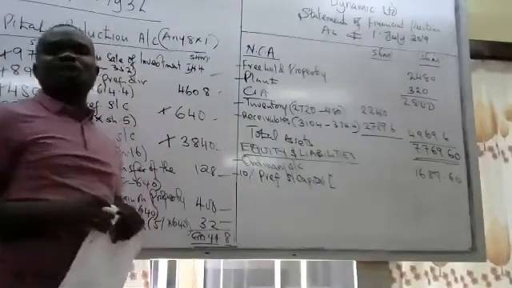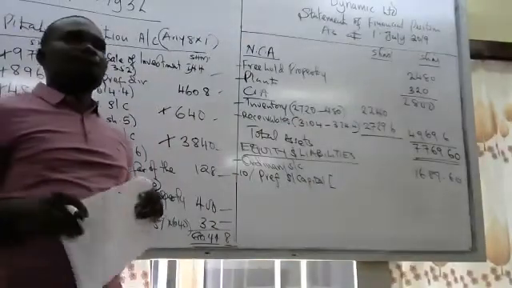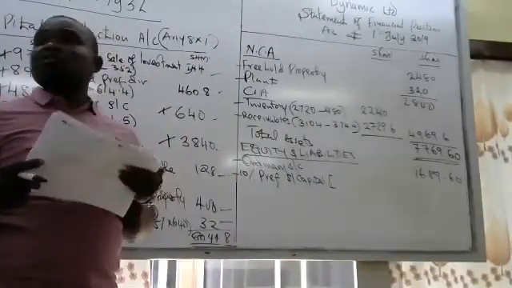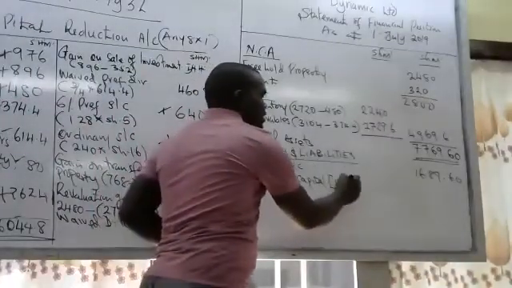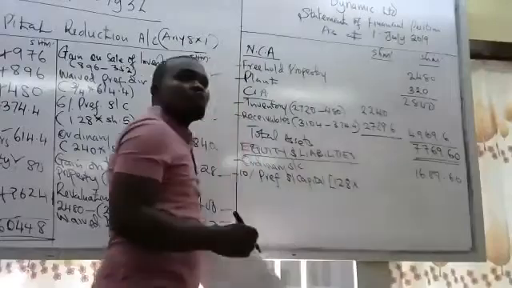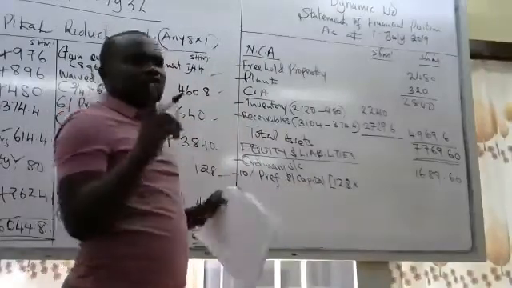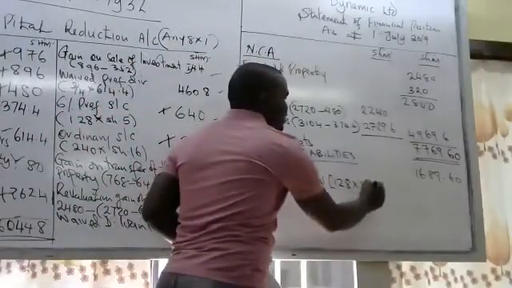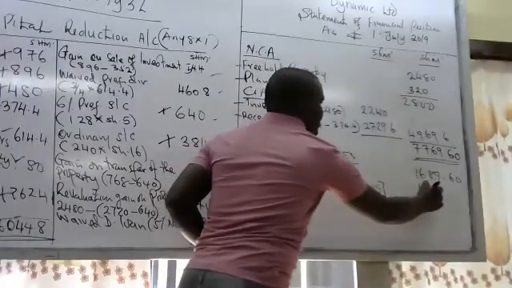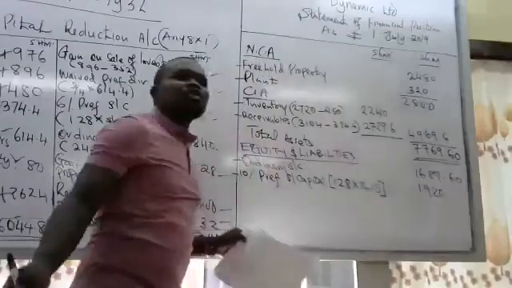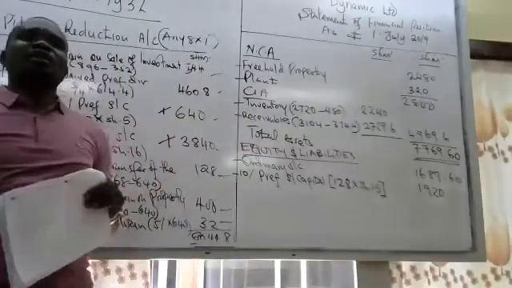How many preference are we having? Preference of 128. However, they were reduced. They were reduced to how much? 15. So you multiply by 15. They were reduced to 15.